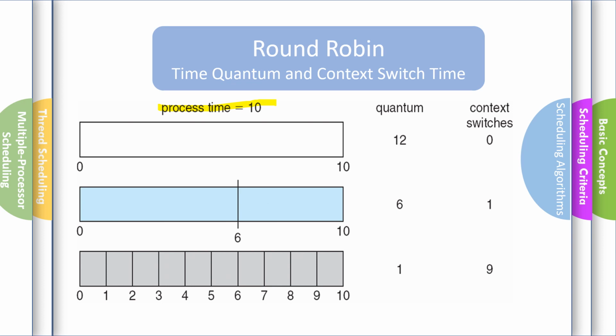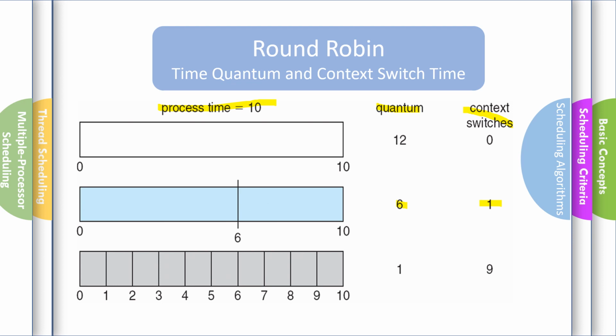So for that we have given a time quantum of 12 and the context switch is 0. That means that the process is not removed from the CPU because the time quantum is 12 milliseconds and the CPU burst is 10 milliseconds. It finishes before the time quantum finishes. But if you change the time quantum to 6, then the process has to be preempted once.